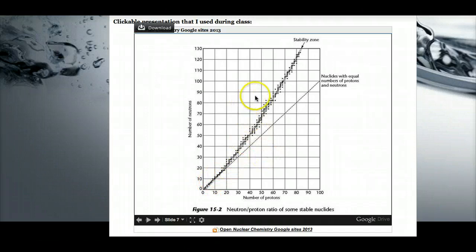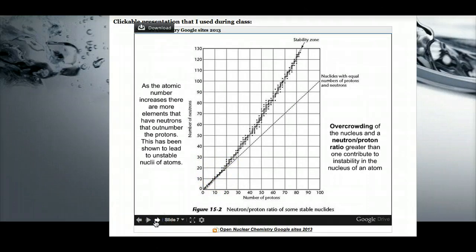After atomic number 83, which will be over here, everything is unstable. So there's a stability zone graph that shows this 1-to-1 ratio. Now, in truth, the stability zone goes above this 1-to-1 and becomes a steeper slope, but we're not expected to know that. You should know a 1-to-1 ratio is what you want for elements 1 through approximately 20.